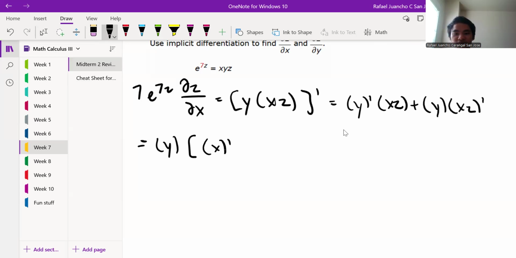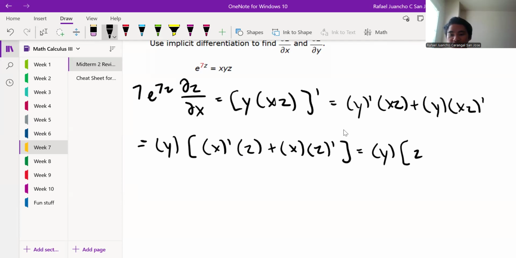So I have x, z, x, z. Then I get y here, I leave that. Here I get x, so this is 1, this is z, plus x and z here, so this is x, partial of z with respect to x. Or with respect to y in this case. No, with respect to x. Whoops. With respect to x.